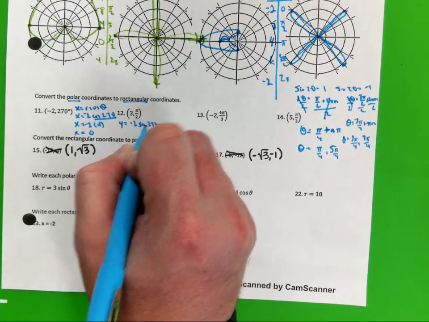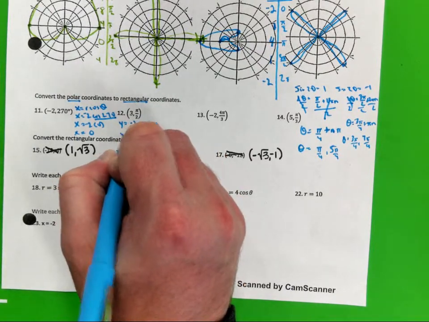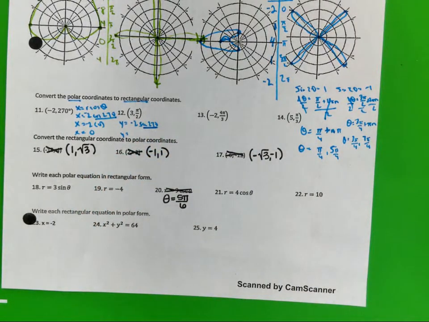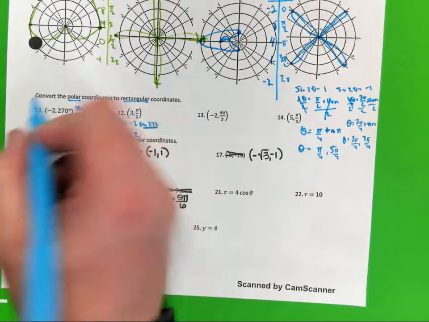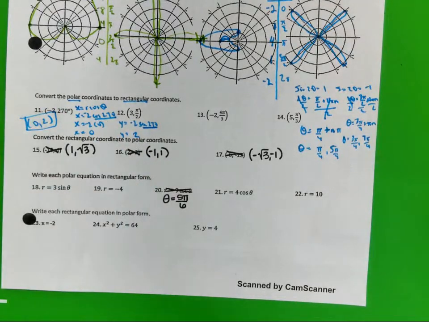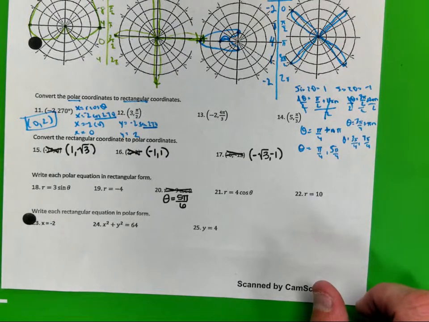Sine of 270, well, sine of 270 is what? -1. -1 times -2 is 2. So 0, 2.